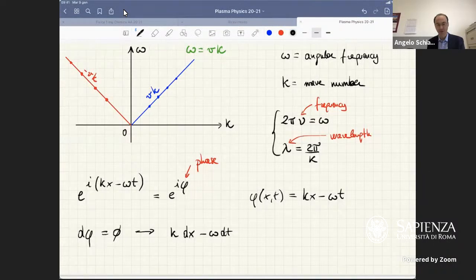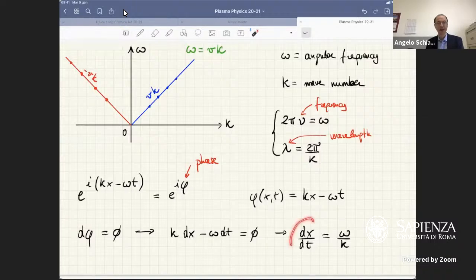So we look for constant speed points. How these points are related: on one side we put all the differentials, and dx over dt becomes omega over k. And this is actually the definition.